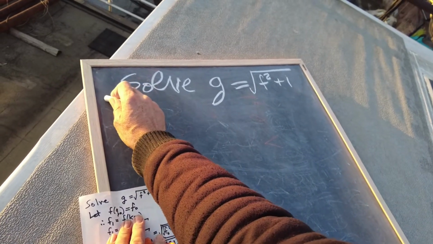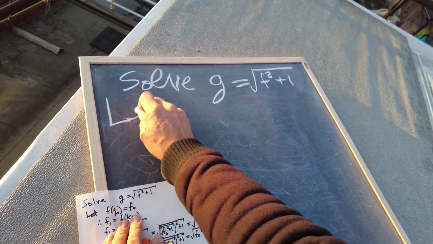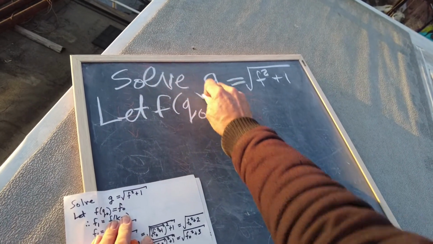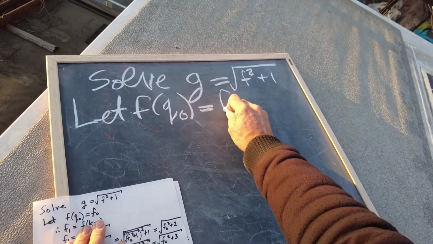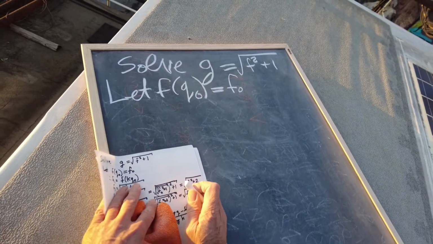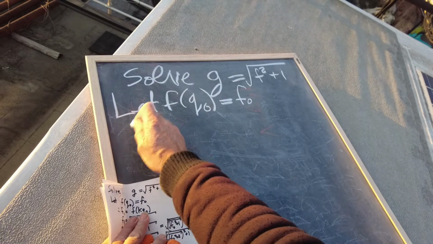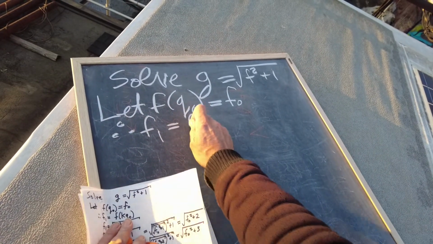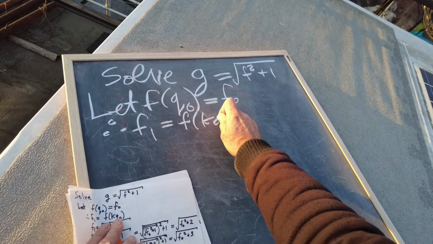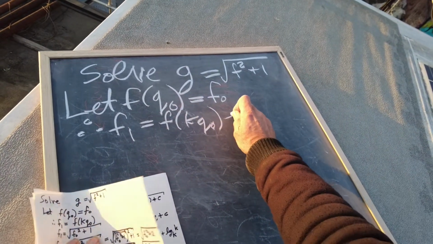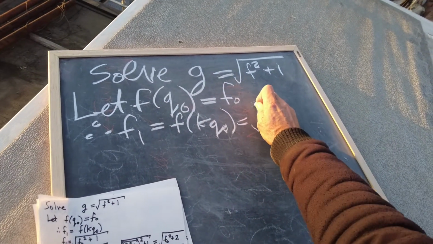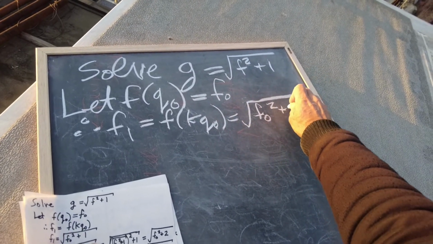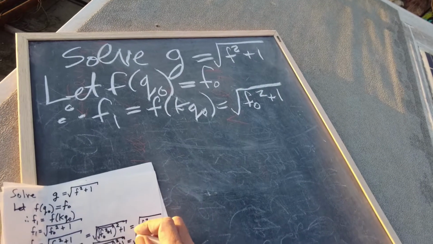So we're going to begin by letting f of q0 equal f0. Now, therefore, that gives us f1 equals f of k q0, which equals the square root of f0 squared plus 1.